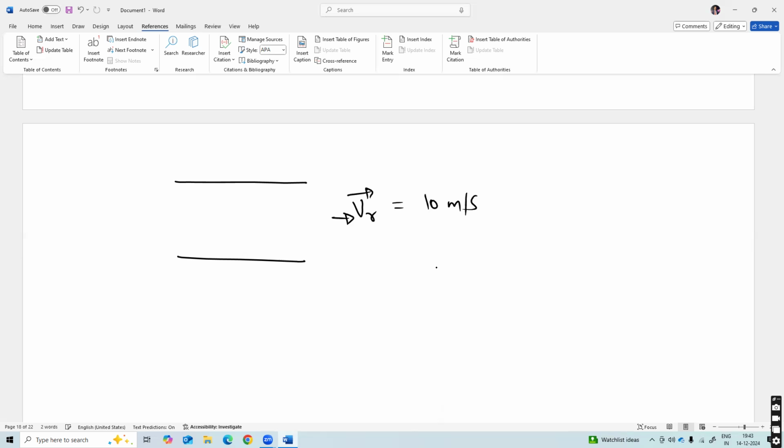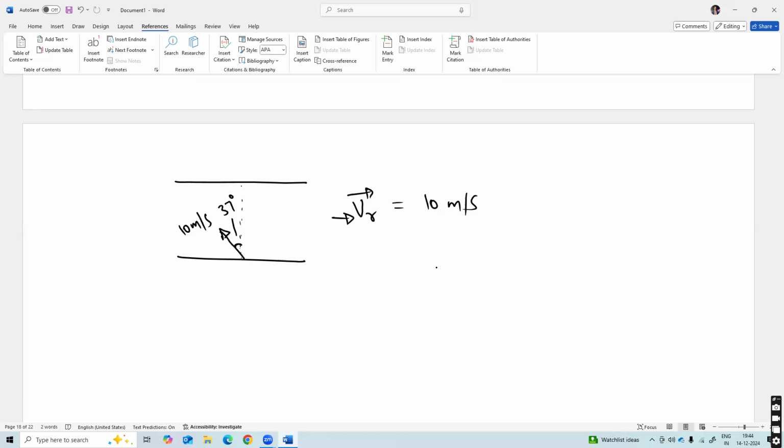Now, this is, let's say, vertical. A man starts swimming at 10 meter per second in this direction, which is making an angle of 37 degree with the vertical.